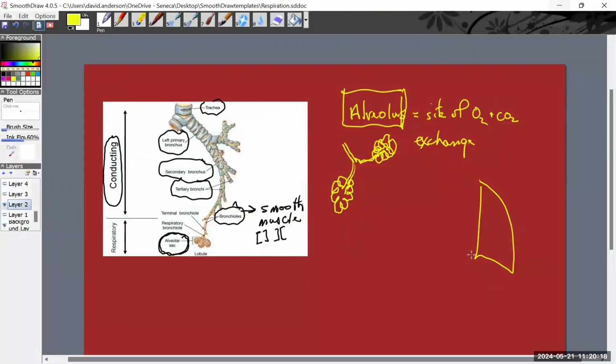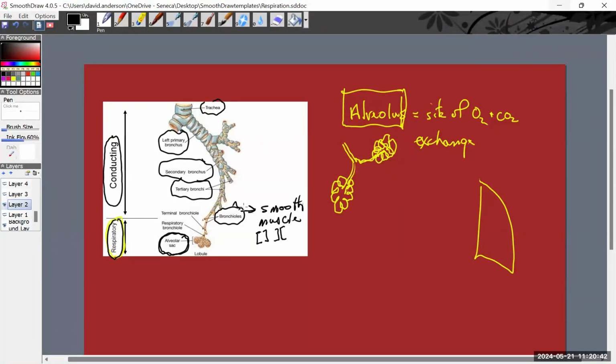So this is the anatomy of this respiratory pathway. And at this level, the respiratory bronchiole and the alveolar sacs are where the actual respiration occurs. And that's why we've got this zone differentiated here.